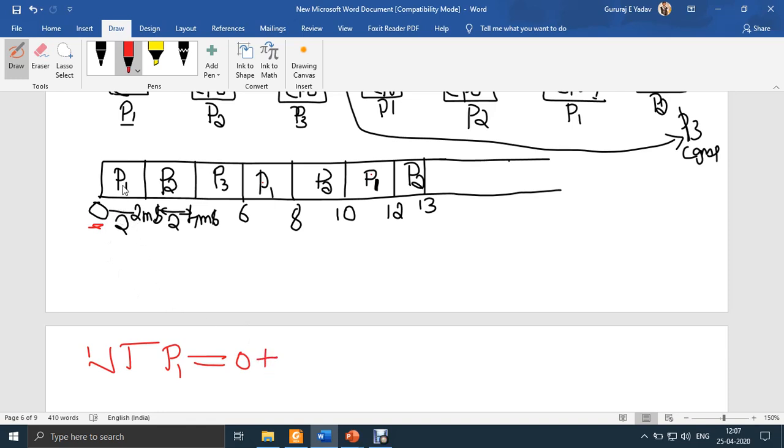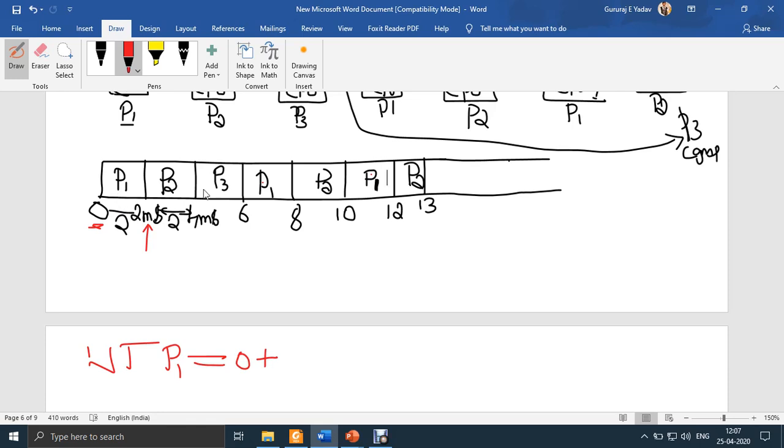Now P1 is preempted at 2 milliseconds because some other process will be given the chance to execute. As soon as P1 is preempted, it will go and wait in the ready queue. So now you have to consider the time when P1 was again given the chance to execute.